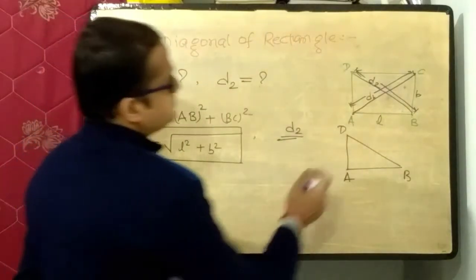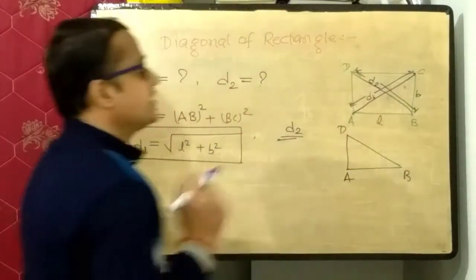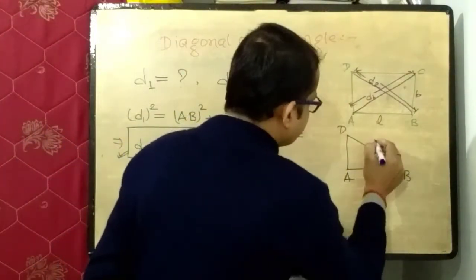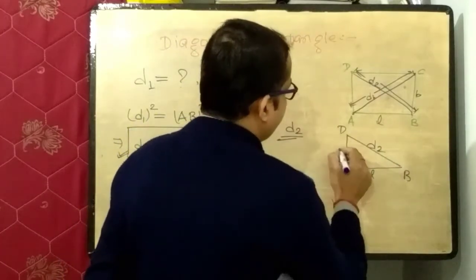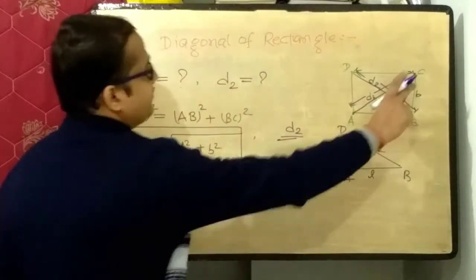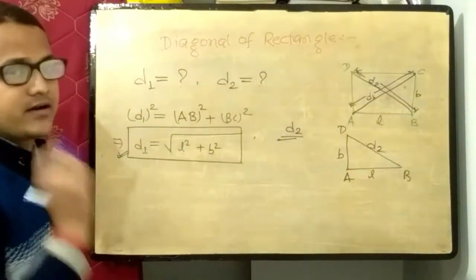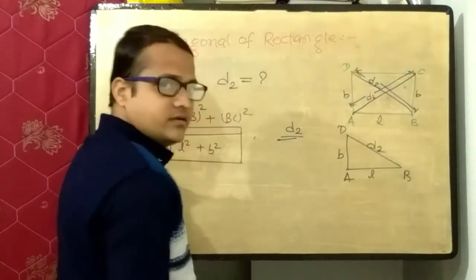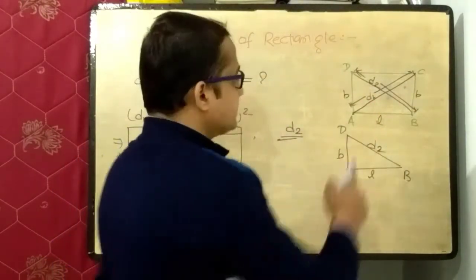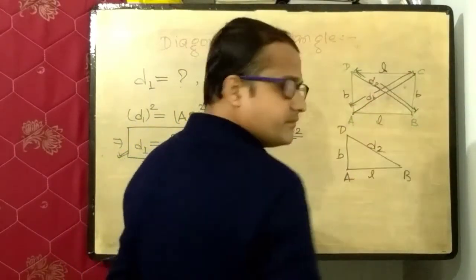You can also consider triangle BDC as you wish. Now this is D2, this is L and this is B. Why B? Because in a rectangle opposite sides are parallel and equal in length. So if this is B, then this will also be B. This is L, then this will also be L.